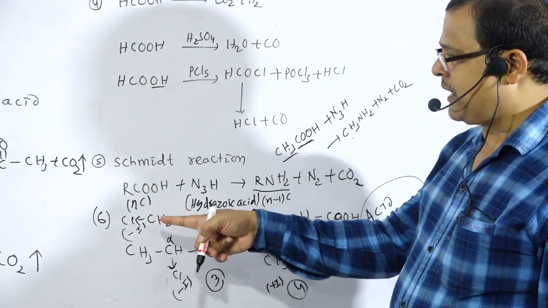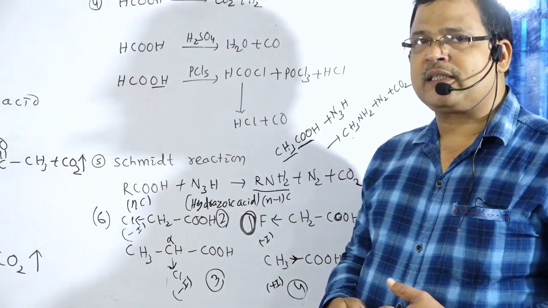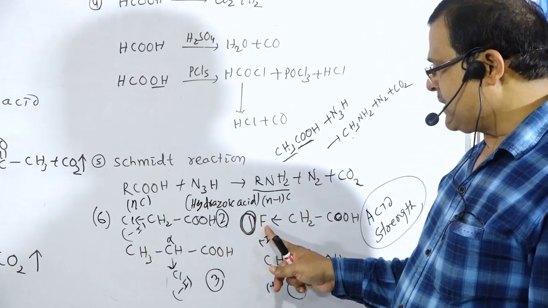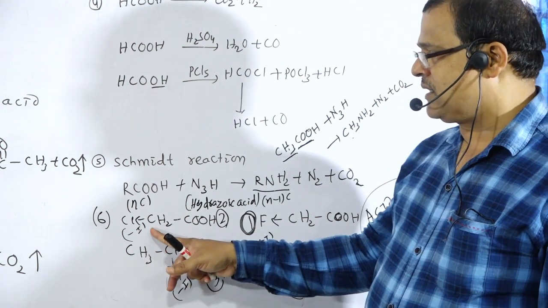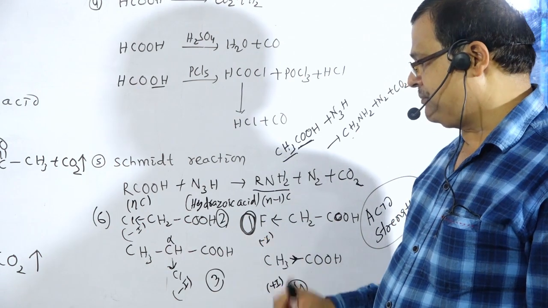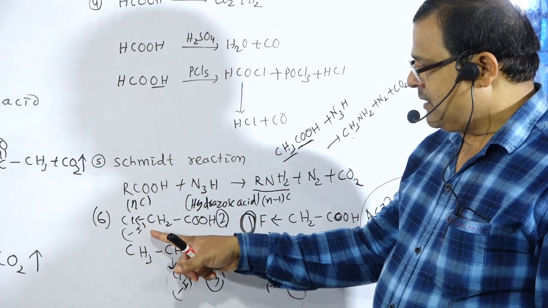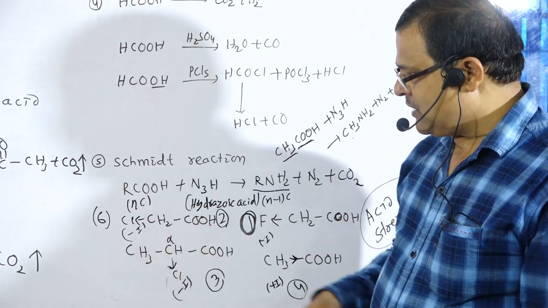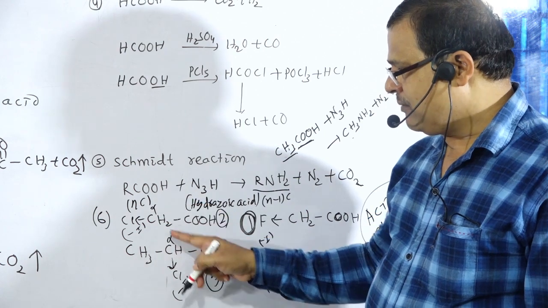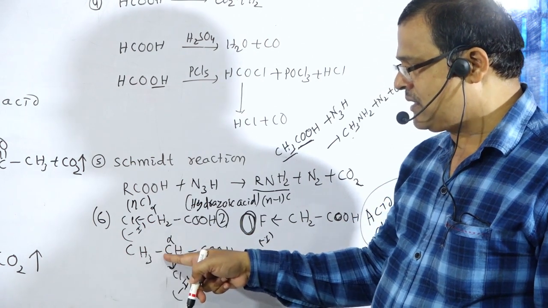So the answer for question number 6, the comparison of the acidic strength of the carboxylic acids: fluoroacetic acid is more acidic than chloroacetic acid because of the more electronegative nature of the fluorine atom. Comparing the next 2, a minus I group, chlorine, is attached to the alpha position in both cases, but in one, in addition to the minus I group, there is a plus I group, which decreases the acid strength.